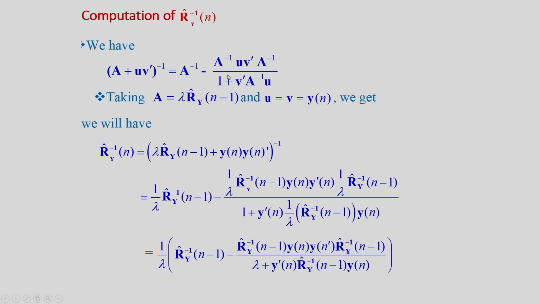So, we have this result, the matrix inversion lemma, taking A equal to lambda Ry hat n minus 1, and U equal to V equal to the yn vector. So, what we will get then? The inverse of Ry hat n is given by the inverse of lambda Ry hat n minus 1 plus yn into yn transpose.